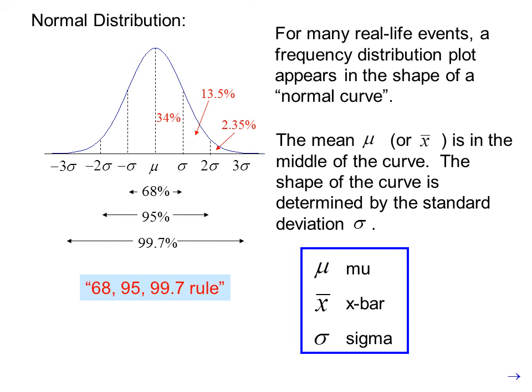A normal distribution follows the 68, 95, 99.7 rule. That is, 68% of the data falls within one standard deviation of the mean. 95% of the data falls within two standard deviations of the mean. And 99.7% of the data falls within 3 standard deviations of the mean.